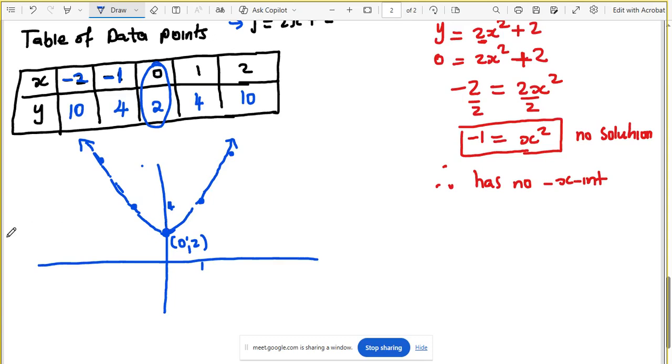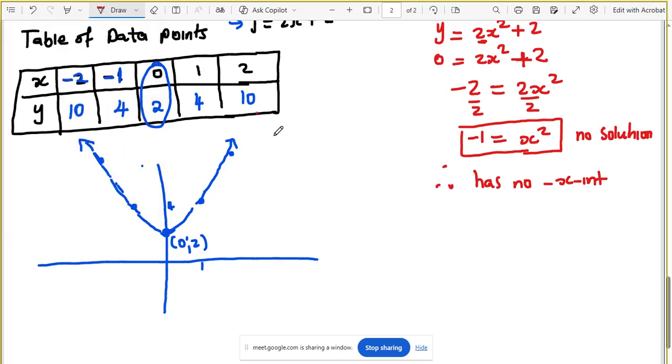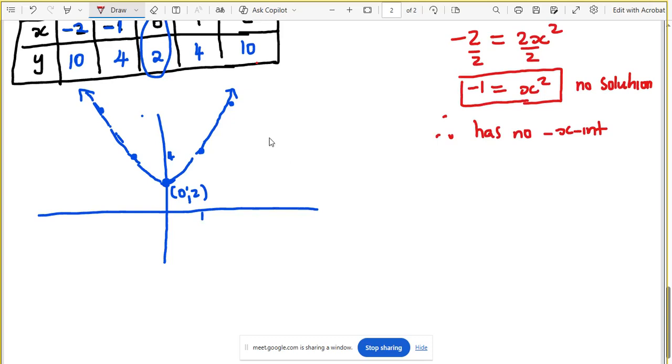Yes. Okay. So now on this graph, there are some of the questions that you might expect them to ask you next. For example, they can ask you the domain and the range.